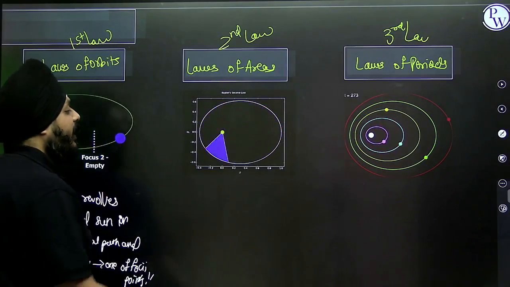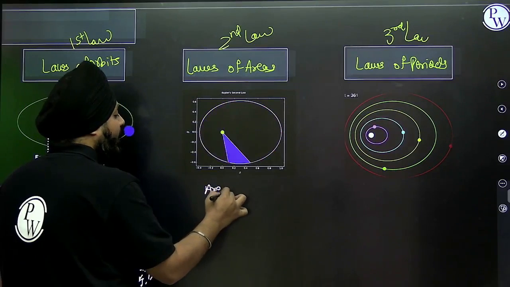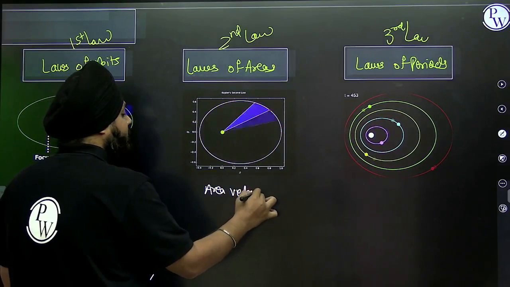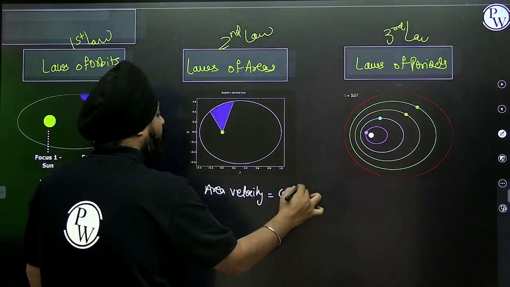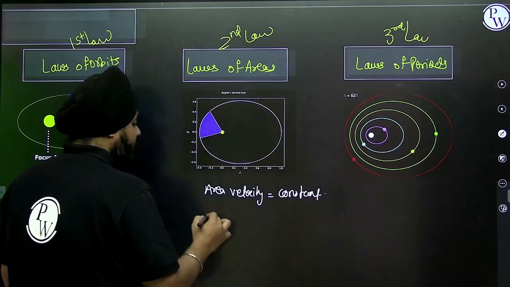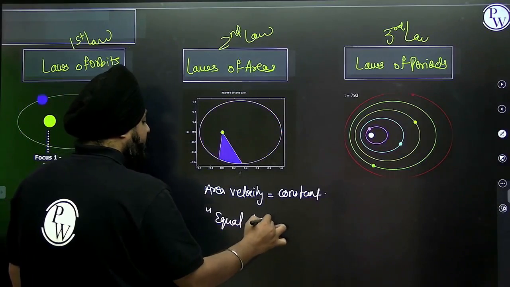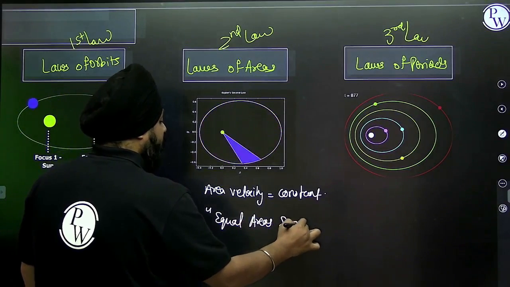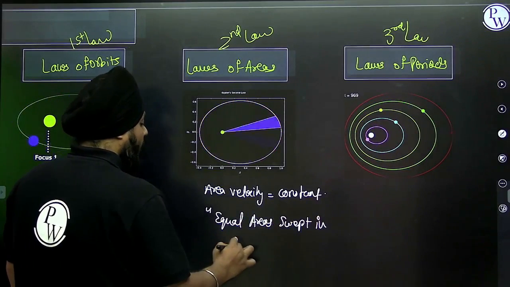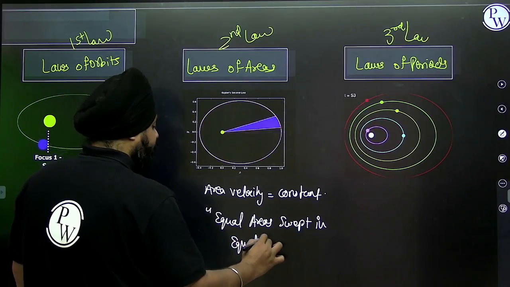Second, the areal velocity of Earth is constant. Now what does it state? It states that equal areas are swept in equal time intervals.